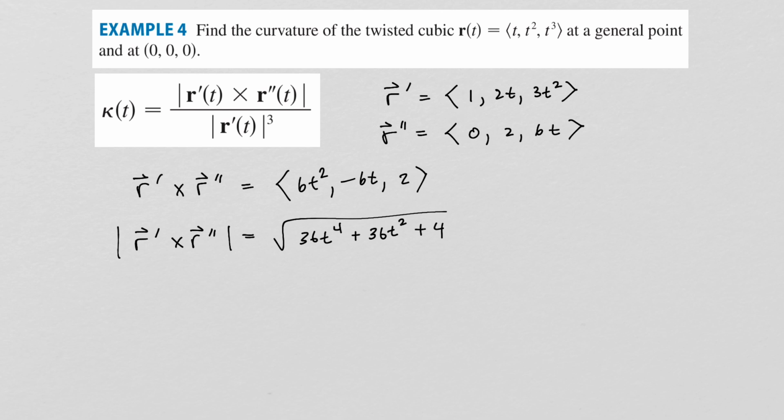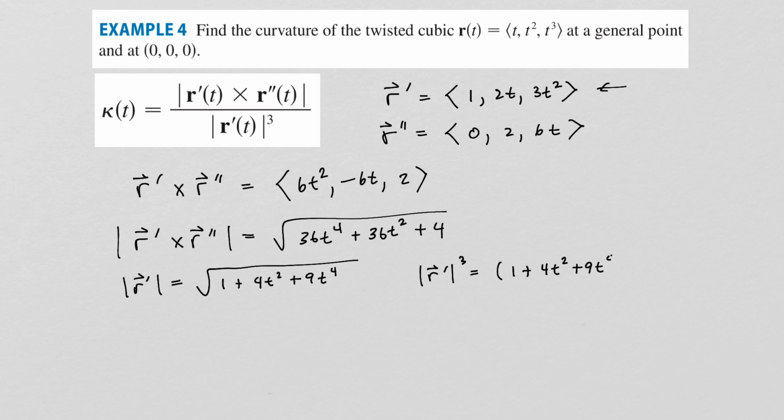Now let's go ahead and compute the magnitude of r prime. So here is r prime. Its magnitude will be the square root of 1 plus 4t squared plus 9t to the fourth. And so the magnitude of r prime to the third power is simply going to be 1 plus 4t squared plus 9t to the fourth.